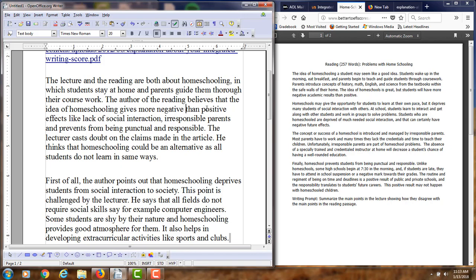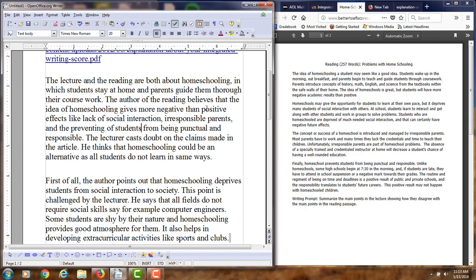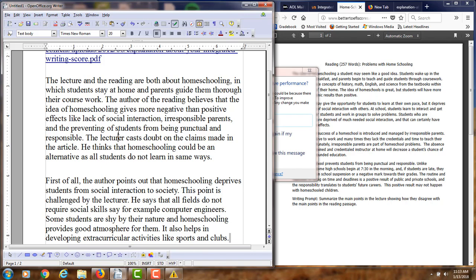So it gives more negative than positive effects, like lack of social interaction, irresponsible parents, and you need to make this a noun to make it parallel with the other ideas, and the prevention or the preventing, you might say, and the preventing of students from being punctual and responsible. You see what I did there?